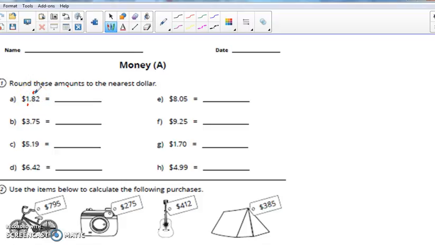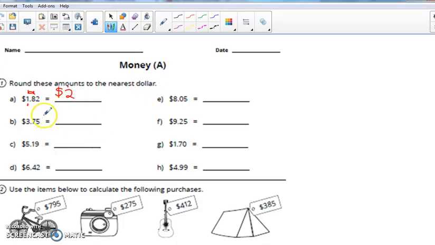As you know with rounding, 5 and above goes up, or 4 and below goes down. So this number here is greater than 5, so that must go up to the next dollar. And so therefore, that one has to be $2.